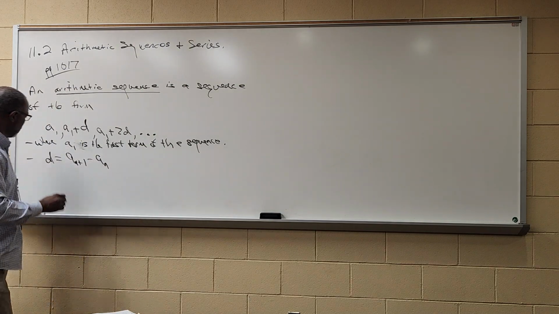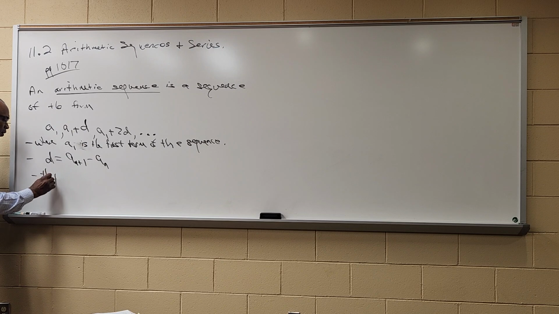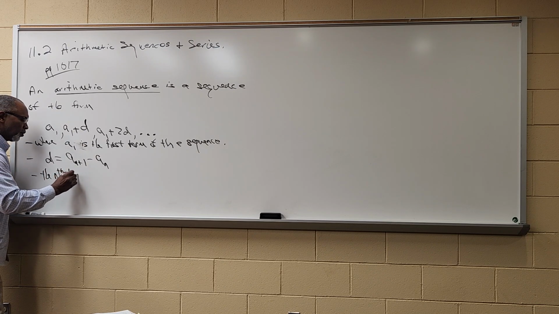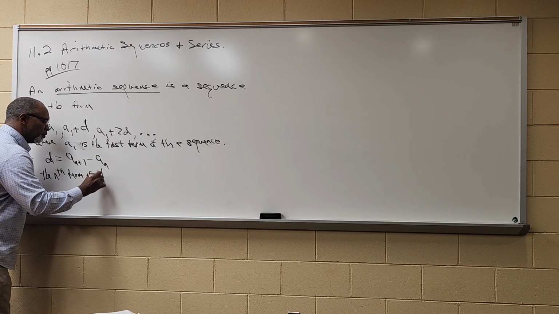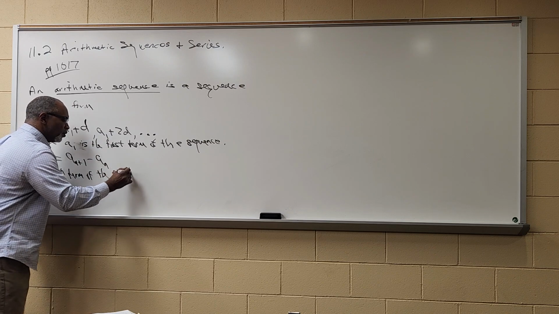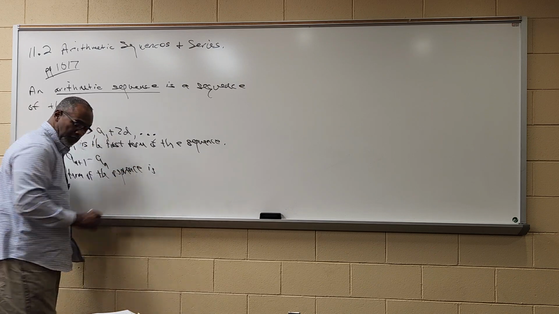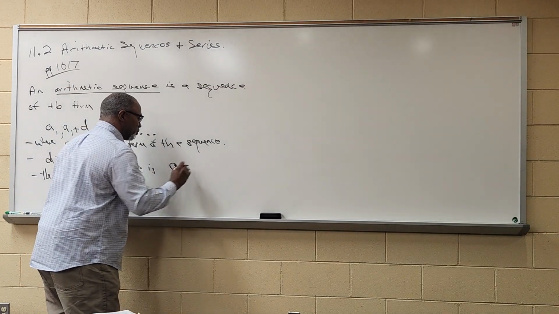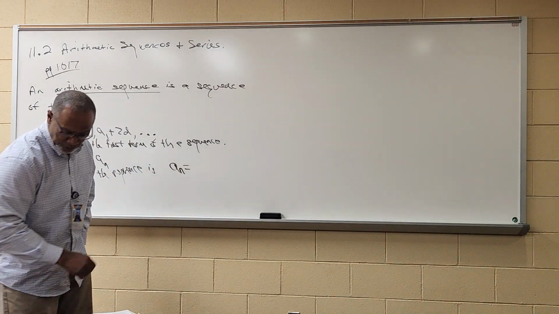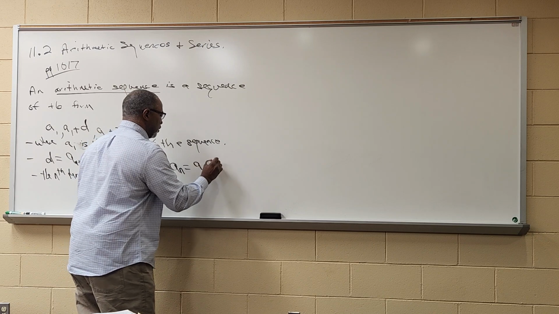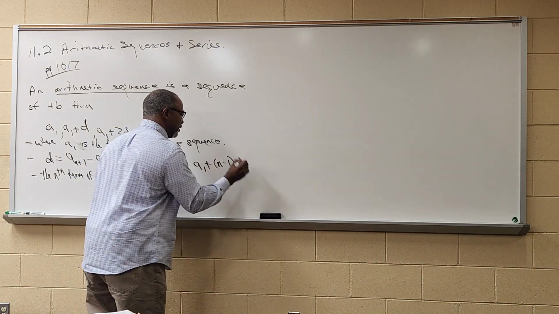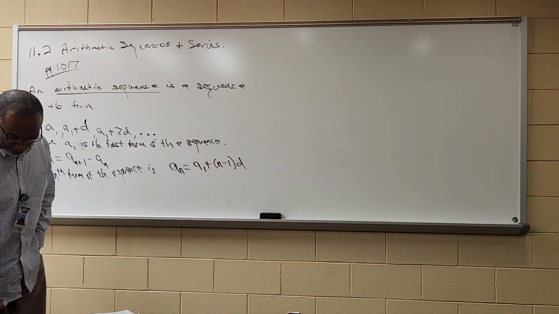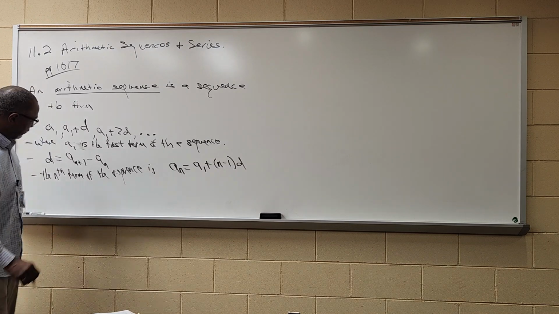And they say the nth term of the sequence, they tell us the formula to write the nth term of the sequence: An equals A1 plus n minus 1 times D. And then finally, the sequence can be defined recursively.